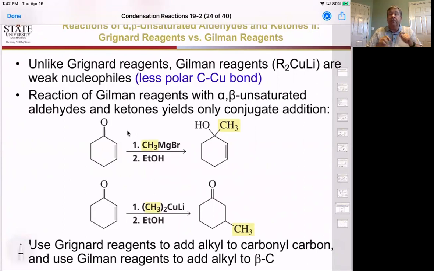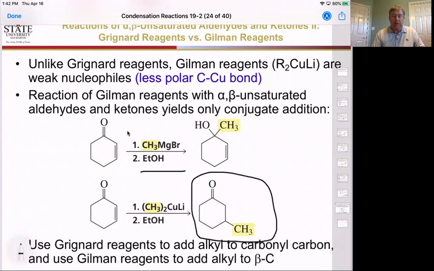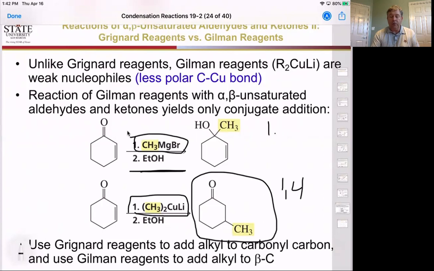Therefore, instead of getting just the simple 1,2 addition that we would get from a Grignard reaction, we actually get more of the 1,4 addition from the conjugate addition reaction that we don't get in the Grignard. So one way to add that carbon-carbon bond is to go with the less nucleophilic Gilman reagent instead of a Grignard reagent, and we will get our 1,4 addition product versus our 1,2 addition products.